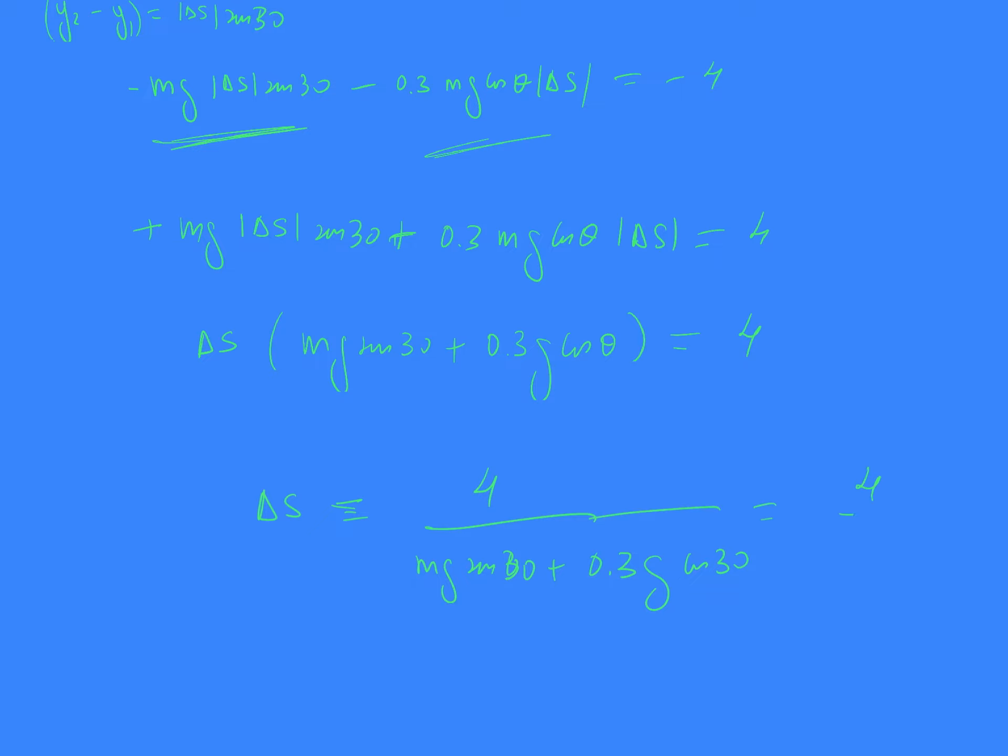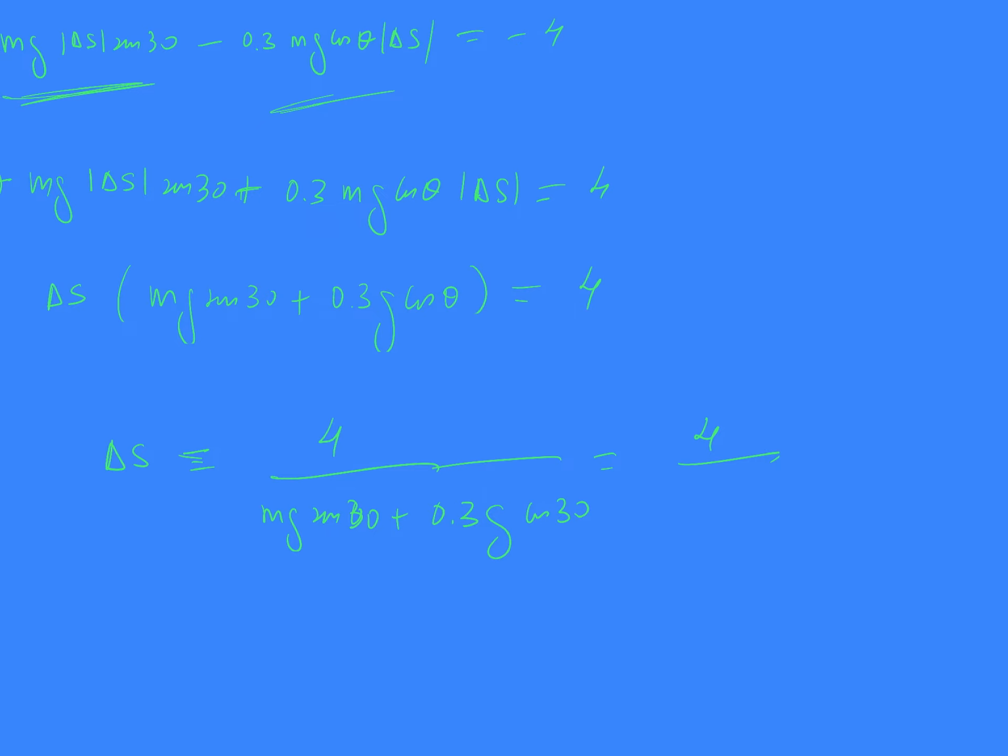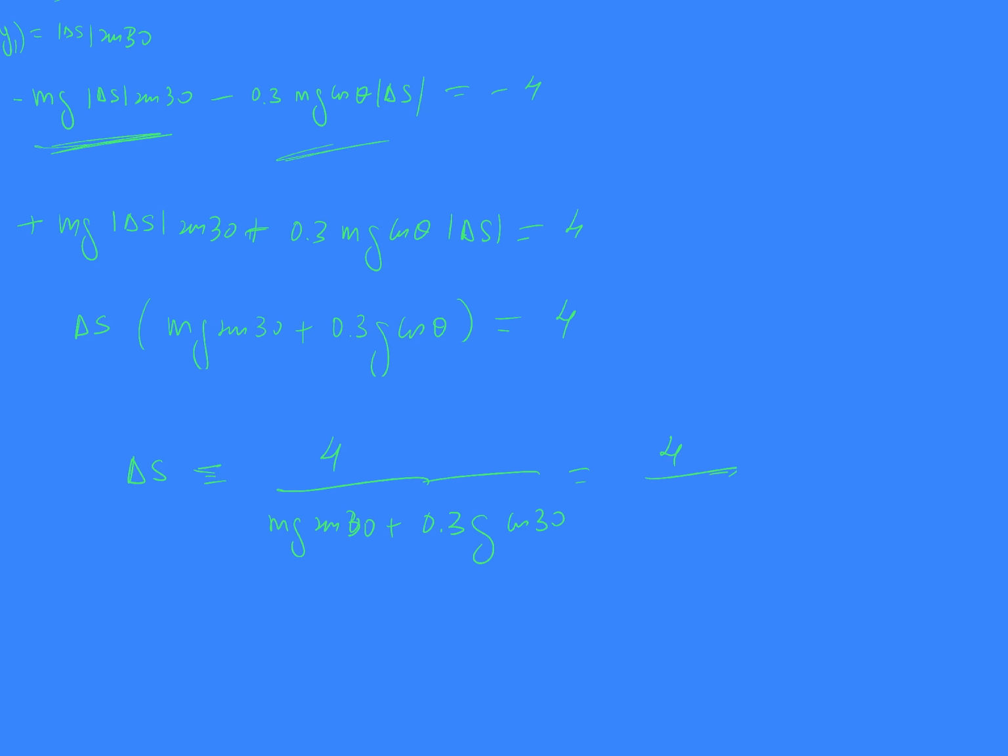So this will be approximately 4 divided by m, which is 2, g is 10, sine of 30 is 1/2, this will cancel, plus 0.3 by 10, and the square root of 3 divided by 2 is the cosine of 30.